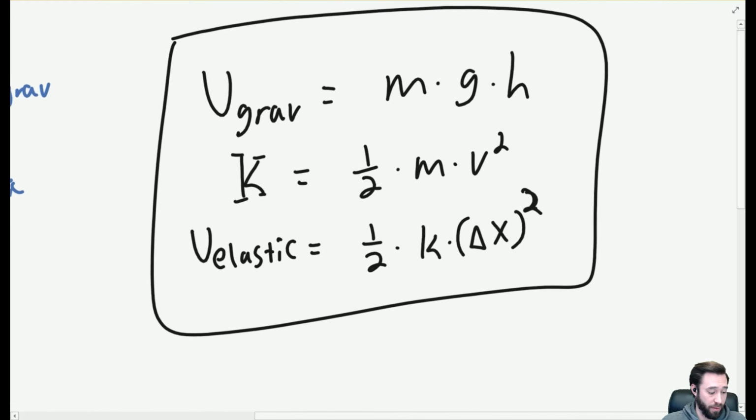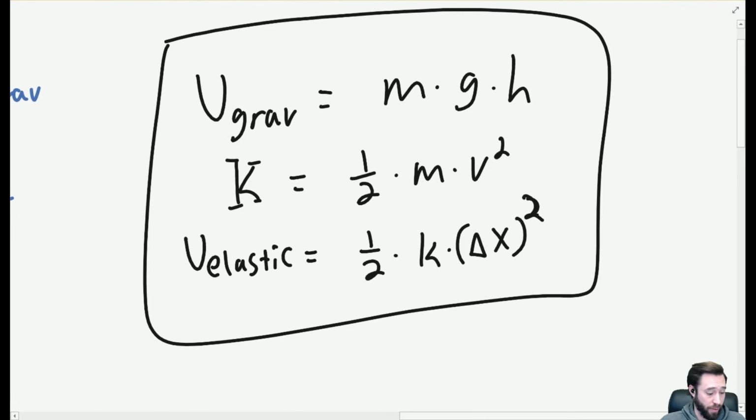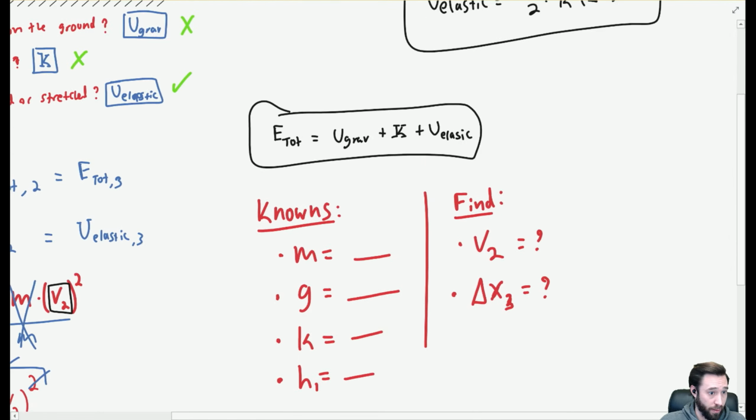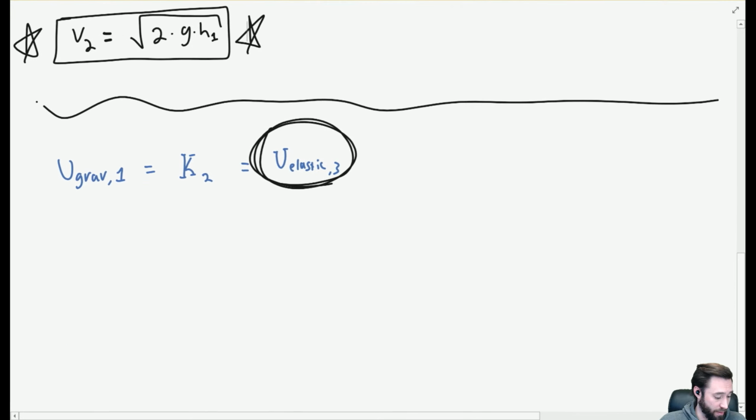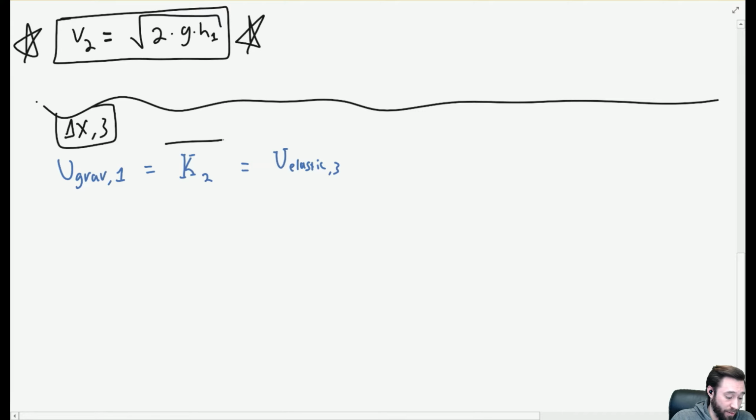Do I need to make this bigger? Okay. All right. So in the event that I'm solving for delta x at state 3, I know delta x is right here. Now, I do not have the variables to get a value for kinetic energy.